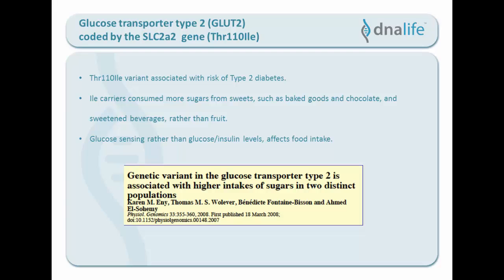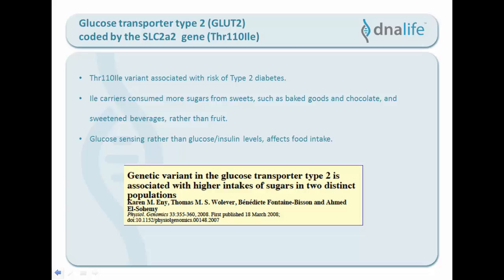So this gene has also been associated with risk of type 2 diabetes, and the TT and CT genotype, or carriers of the SNP, consumed more sugars from sweets such as baked goods and chocolate and sweetened beverages. So specifically, you could almost call it the junk foods.